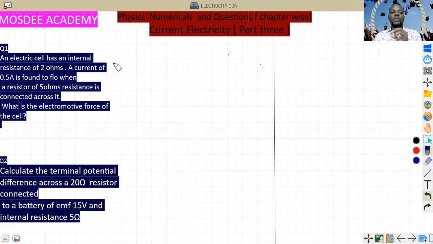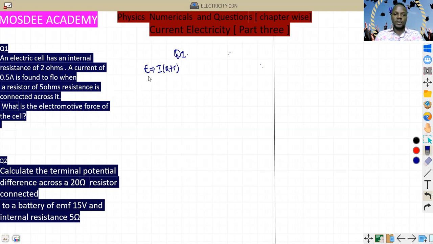If you watch carefully, what is best fit here is the simplest formula: electromotive force E equals V plus Ir, where V is the terminal potential difference, which we have discussed in our concept video class.